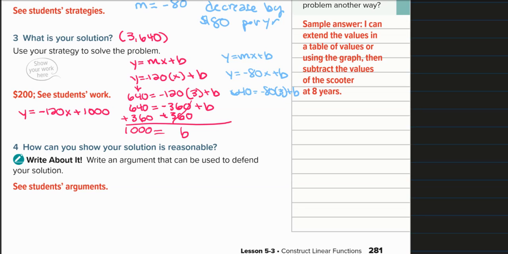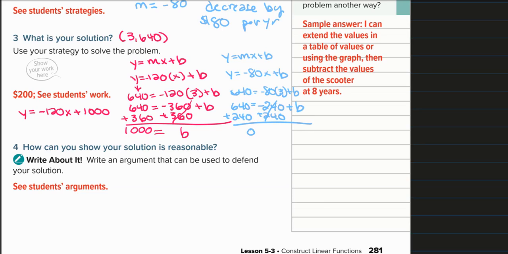Now let's look at the BX. So let's look at blue BX. So we have negative 80 times 3. So we get 240. Don't forget that's a negative, plus b equals 640. We're going to add 240 to each side.